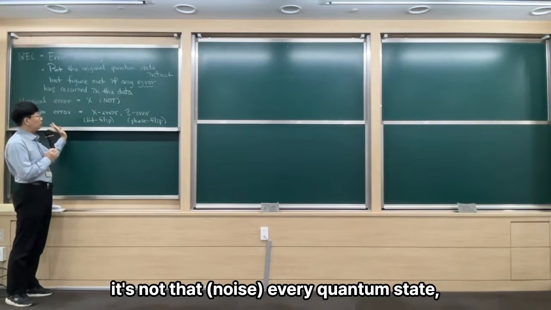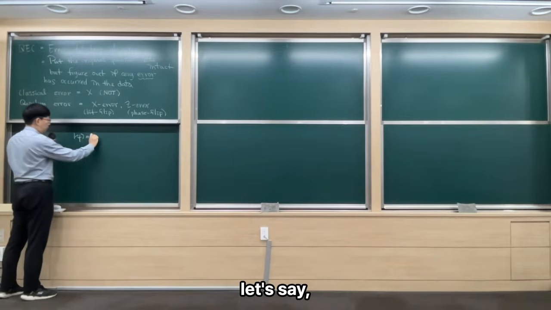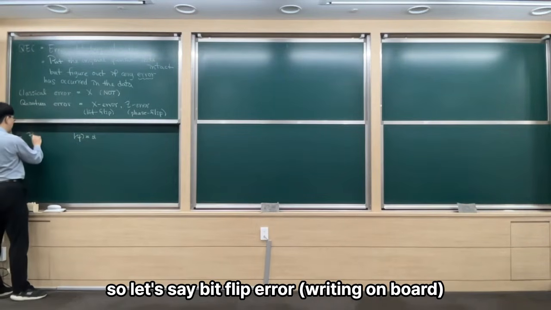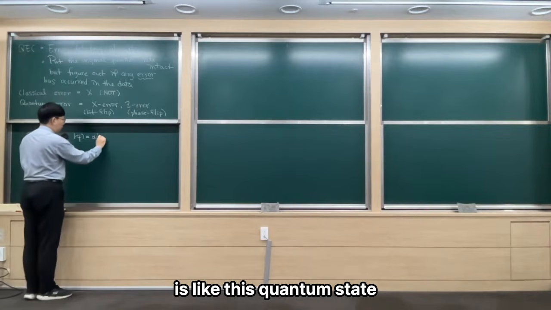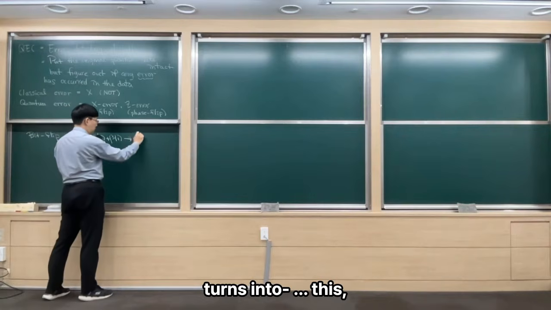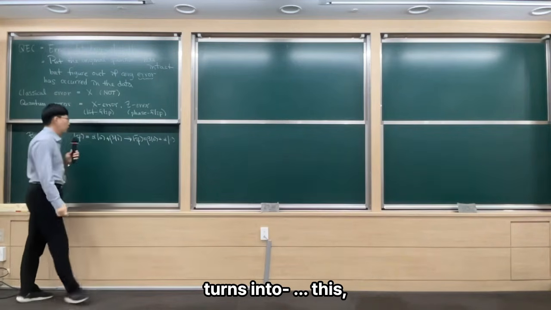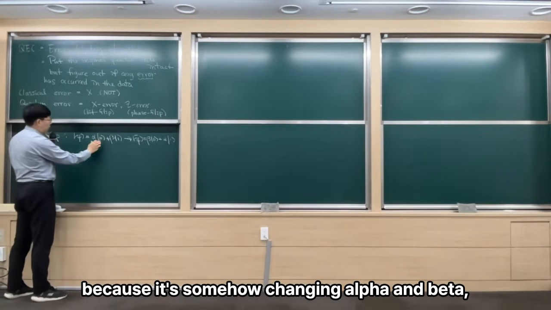It's not that every bit flip error turns this quantum state into this one, because it's somehow changing alpha and beta.